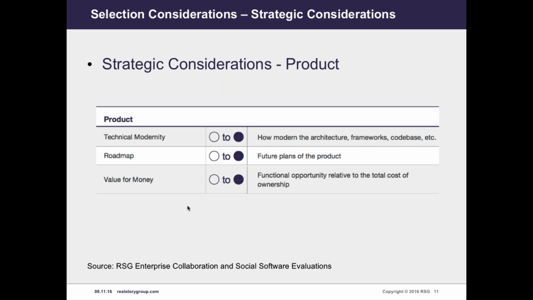We find that they are maybe not as important as the underlying technical code base, the technical modernity, which is another way of saying how much technical debt you are taking on, even from day one, that you are likely to experience going forward. A really important topic that, we believe, goes under-considered in many selection processes. And then, of course, value for money, right? Which is, are you paying the right amount for this? What's the overall TCO given the value that you're going to get?